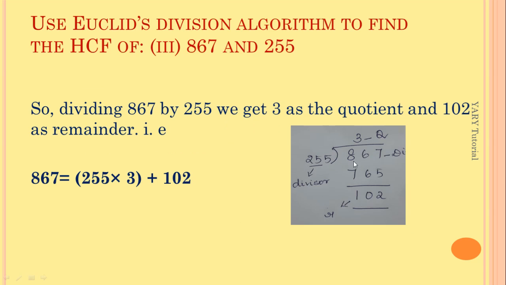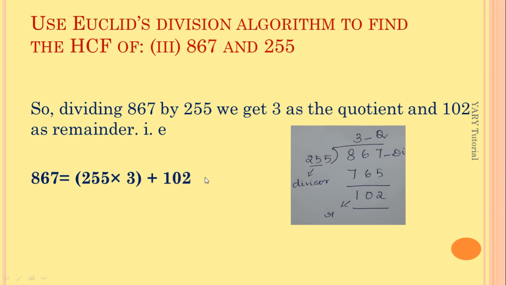So when we divide 867 by 255, we get the quotient as 3 and remainder as 102. So 867, the dividend, is equal to the divisor 255 into quotient 3 plus remainder 102.